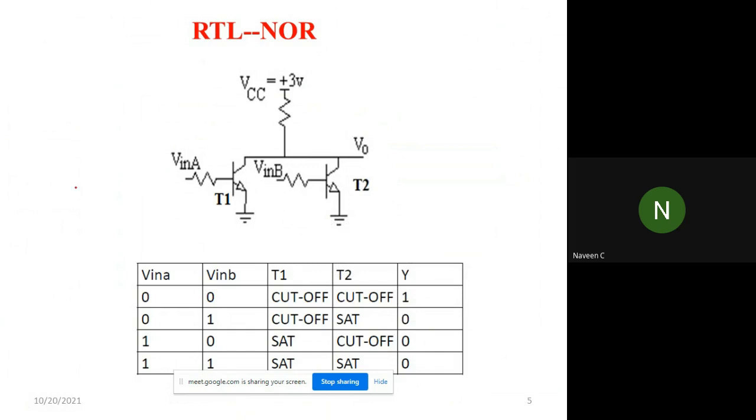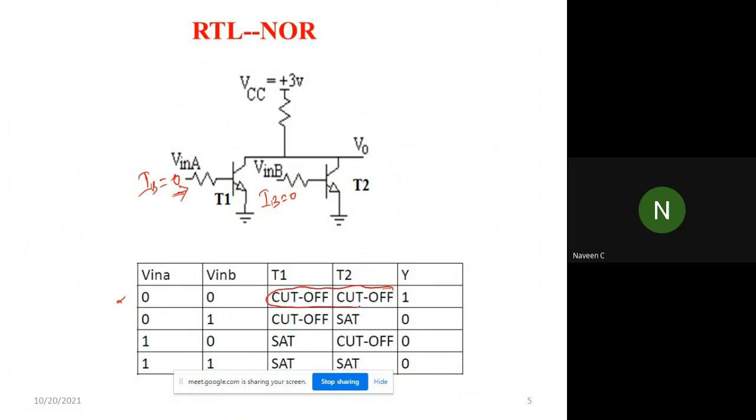For example, first condition: whenever I am giving 0, means my base current is 0. Whenever my V in at the B terminal also, IB is 0. So what will happen? You are not giving any base current, so both transistors will go to cutoff region.